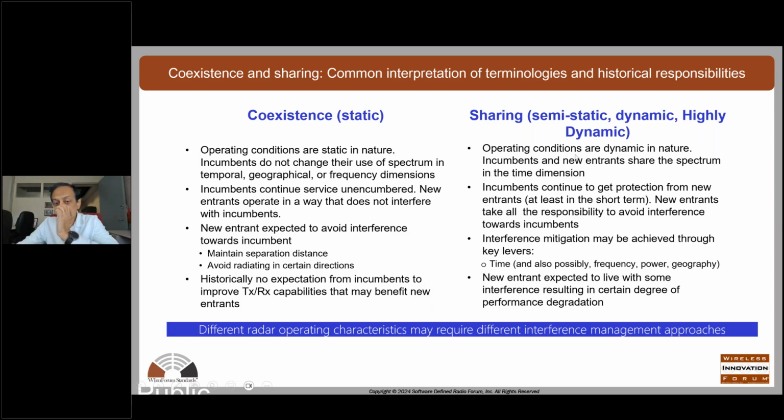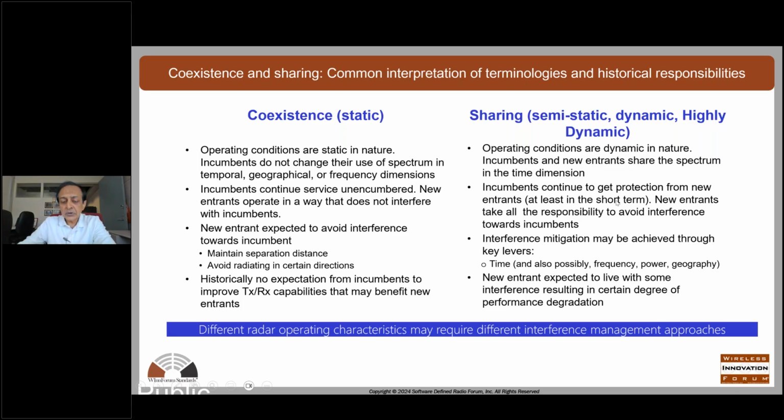But if we talk about sharing, what does it mean in terms of principles? The operating conditions are dynamic in nature. Incumbents and new entrants share the same spectrum in time dimension. That is, at least there's one way to think about it. The dynamicity is measured in the time dimension, or visualized in the time dimension.